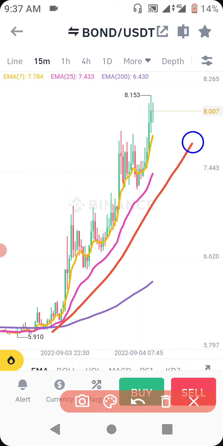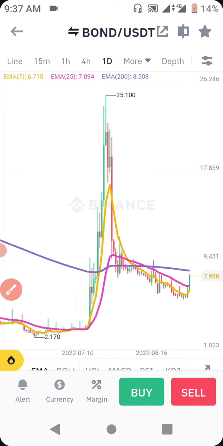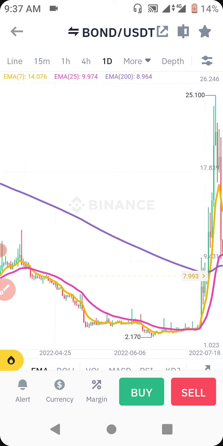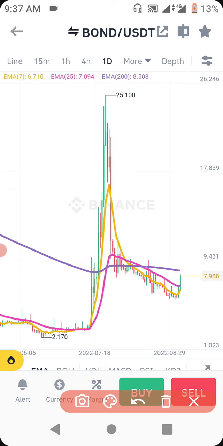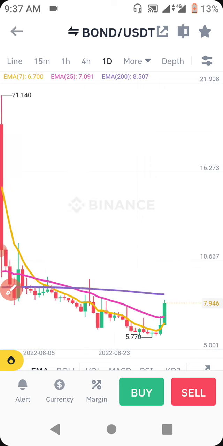It is spiking. It is moving up. And if you look at the 1 day chart, you can see that this crypto has spiked to $25 over the years before crashing down. And as you can see, this is the 200 EMA, this purple one. So you can see that the daily candle is moving upward to the EMA.